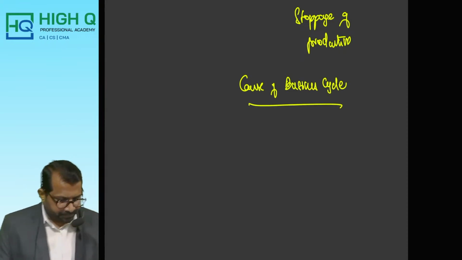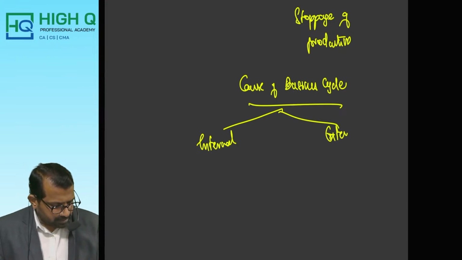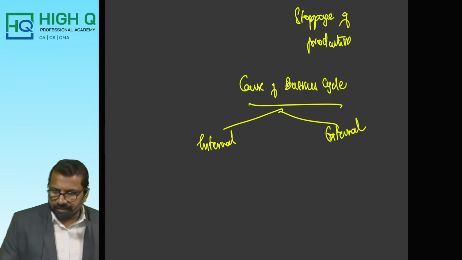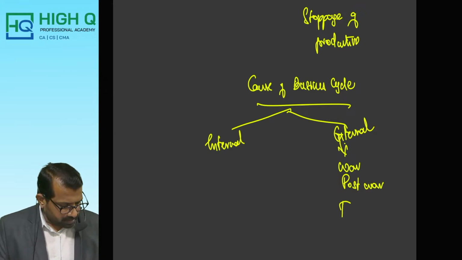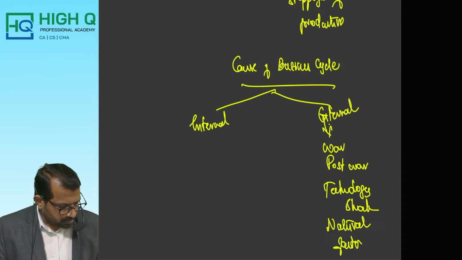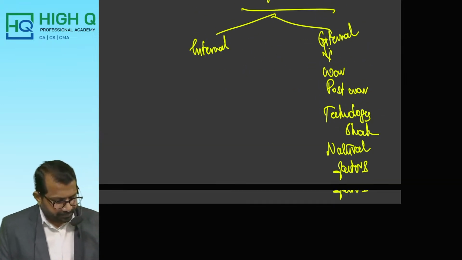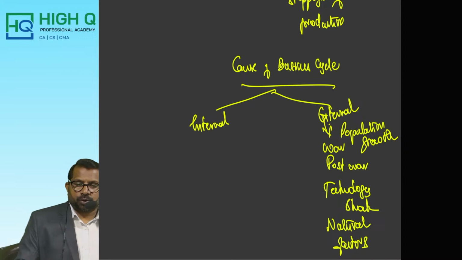Causes of the business cycle. There are 2 causes. One is internal, another is external. External causes are war, post-war effects, technology shock, natural factors, and population growth.